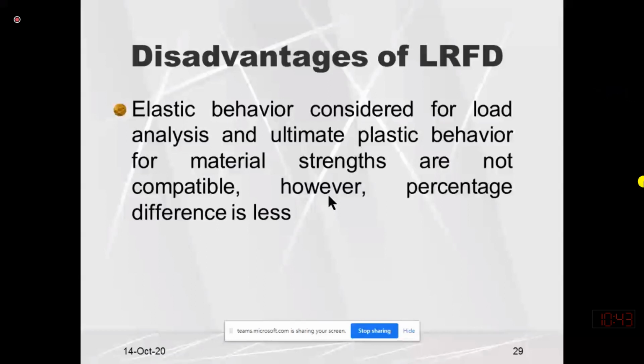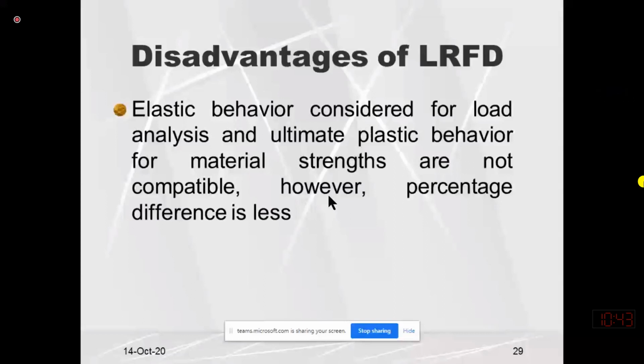However, the percentage difference is very small. If we are using 0.9 Fy as the strength, 0.9 Fy is very close to the yielding point. So within that zone, our material might behave a little bit plastic in nature. There might be some permanent deformation, but the difference will be very small.